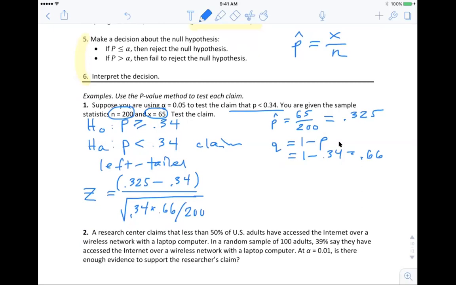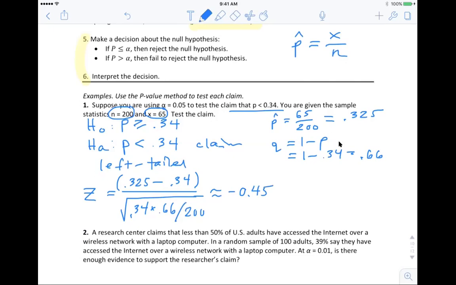What I'm getting, rounding to 2 decimal places because it's a z-score, is negative 0.45. Rounding to 4, 5.